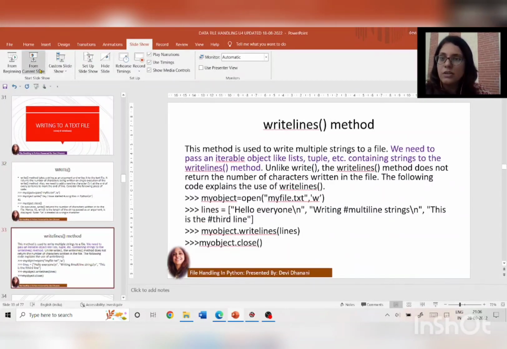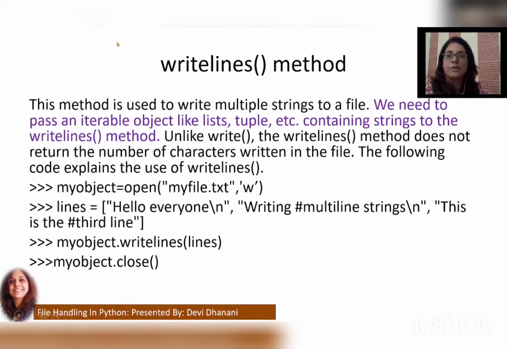Similarly, we can use the writelines function. Now what is this method going to do? It writes multiple strings to a file. We need to pass an iterable object like a list, tuple, etc. containing strings to the writelines method. So we cannot write directly using the writelines. What we need to do is take up an iterable object. Lines here I have taken, that is the list.